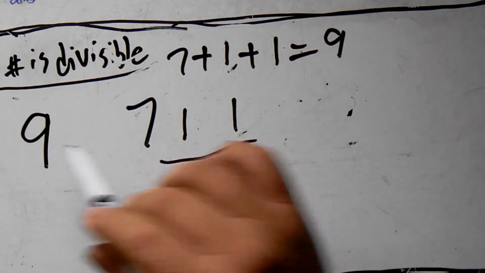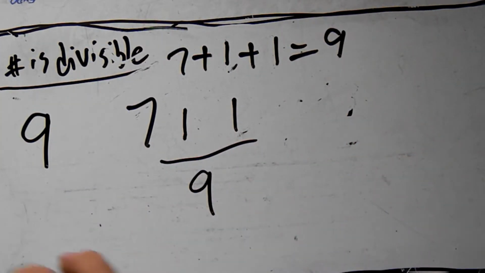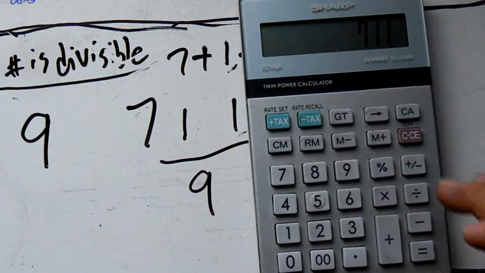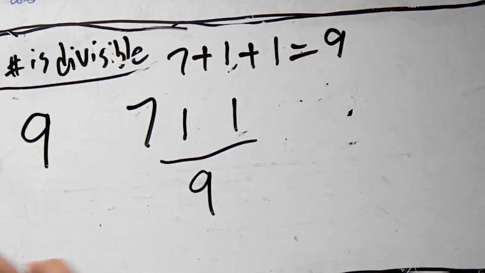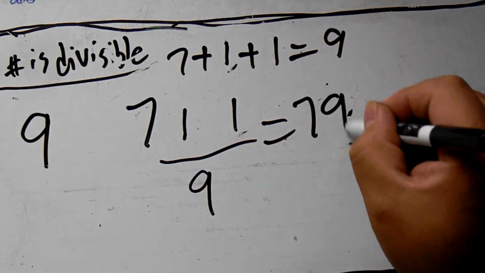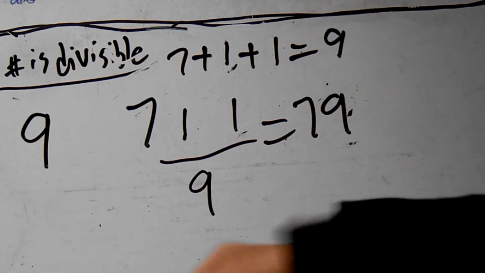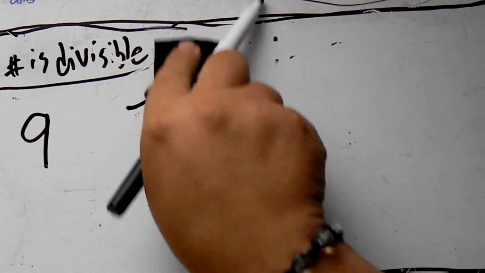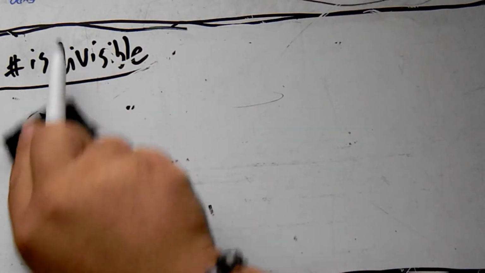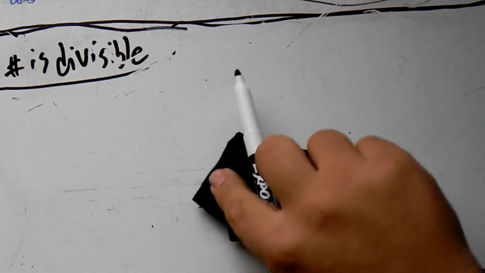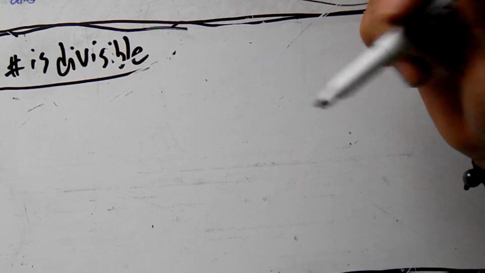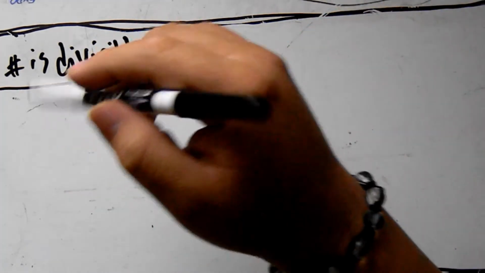So according to this rule, you can divide by 9. 711 divided by 9 is 79. So basically that's the rule for 9. And at least according to my tutoring experience, a lot of kids, or even adults, have trouble accepting that rule.